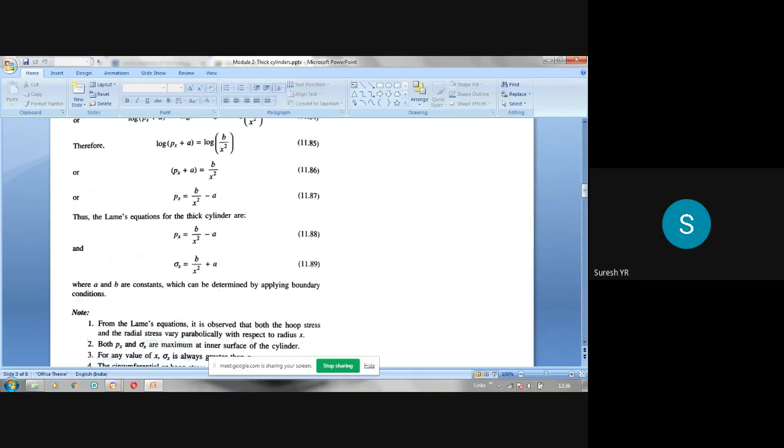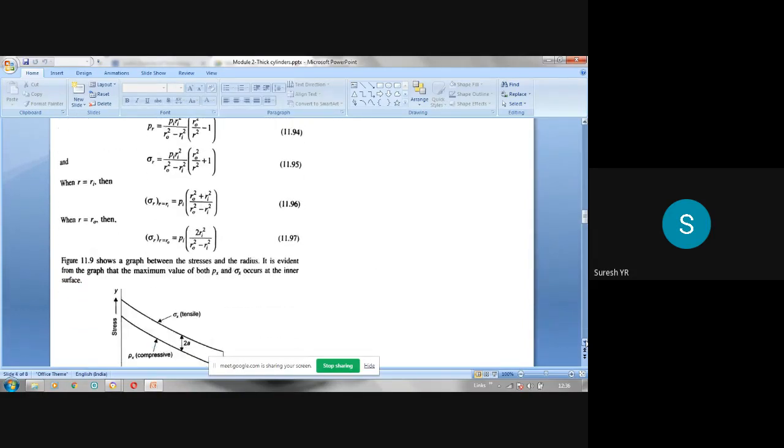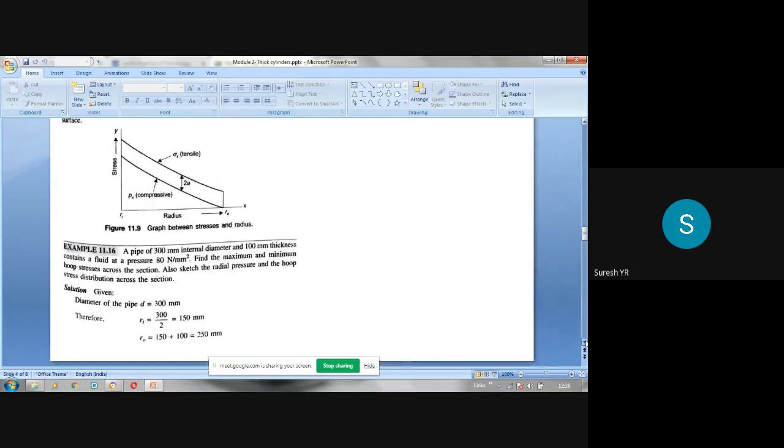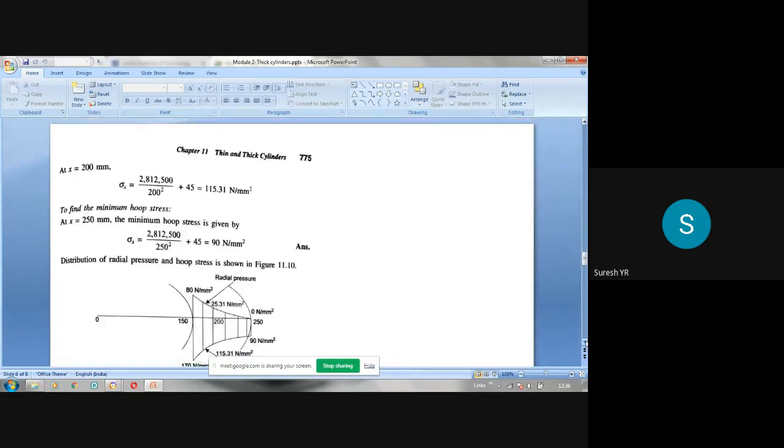Once the boundary conditions are known, and you get the values of A and B, you can sketch the variation of both radial pressure as well as the hoop stress along the thickness or along the section like this. Please note that this radial pressure is compressive in nature, hoop stress is tensile in nature.